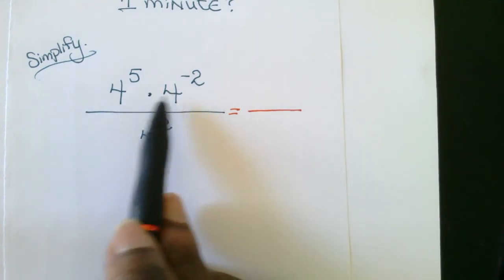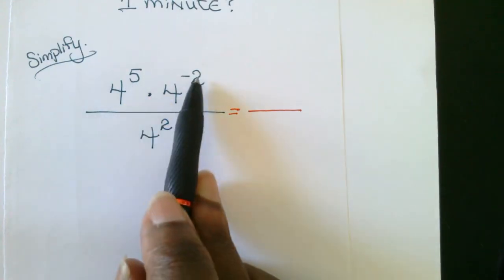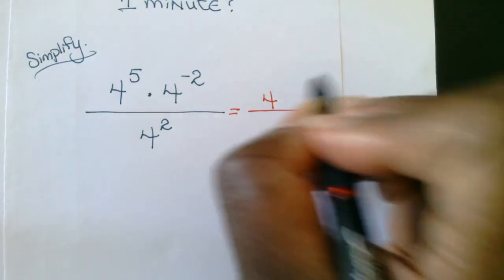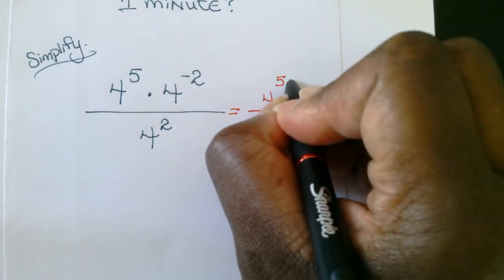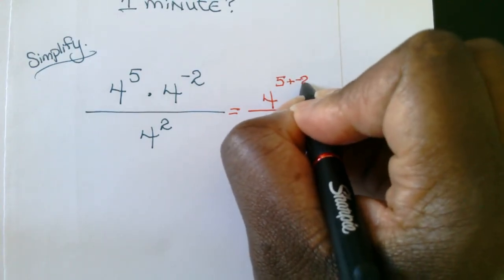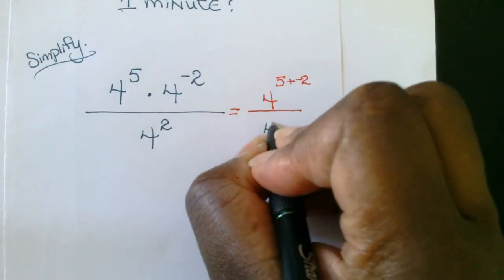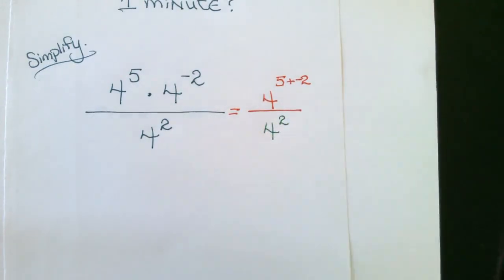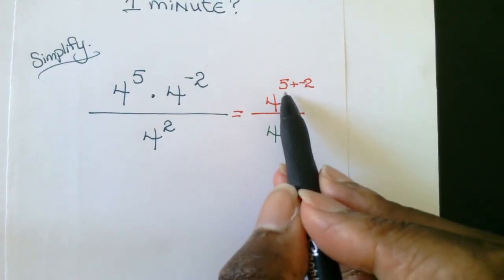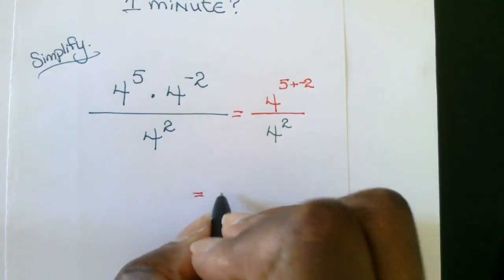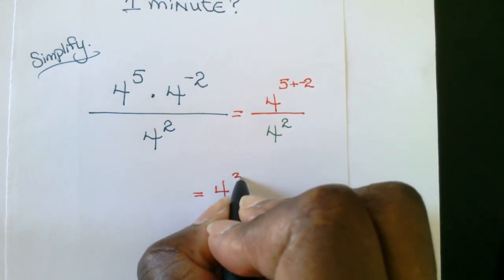When you're multiplying, you add the exponents. So it's really going to be the same base of 4, but you're going to add the exponents. The denominator can stay exactly the same. So now when you're adding the exponents, you have a positive 5 plus a negative 2. So that will give me 4 to the third power.